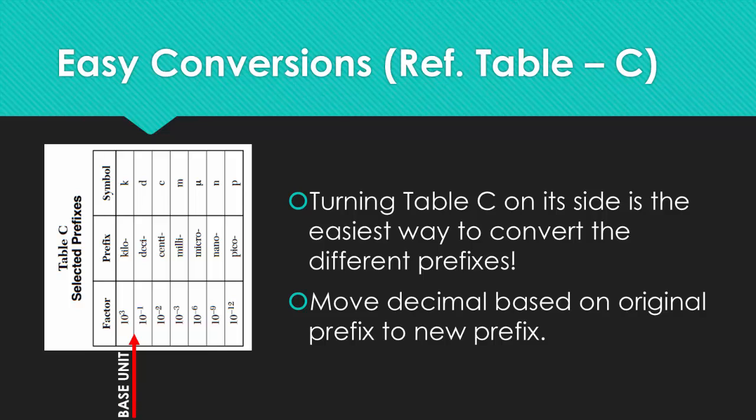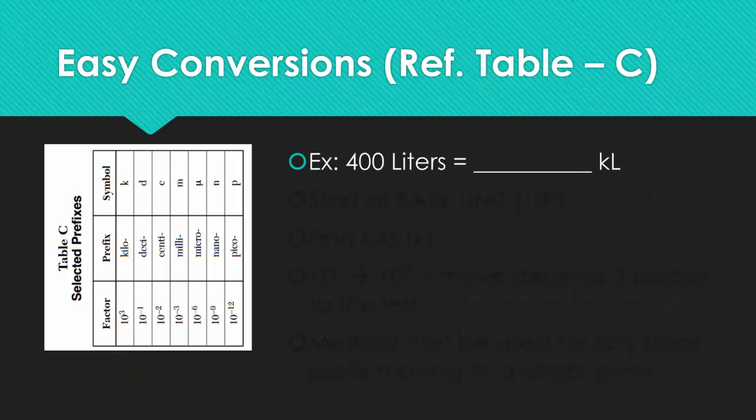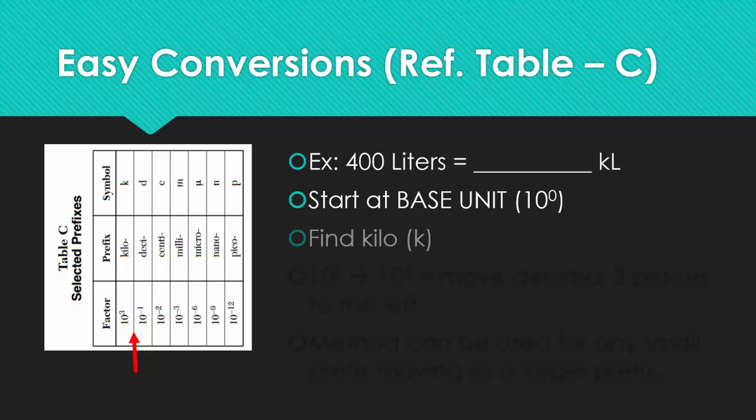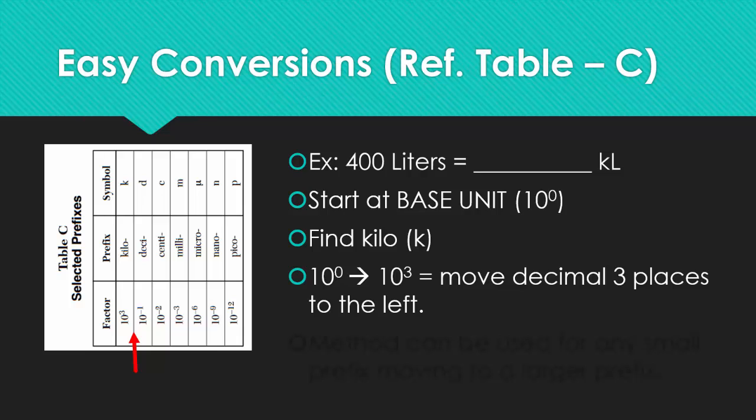So turning table C on its side is the easiest way to convert different prefixes. So you move your decimal based on the original prefix to the new prefix. So for example, 400 liters, if you wanted to change it to kiloliters, you start at the base unit, which is 10 to the 0, which is right there where the red arrow is. You find kilo, and then you go from 10 to the 0 to 10 to the 3.